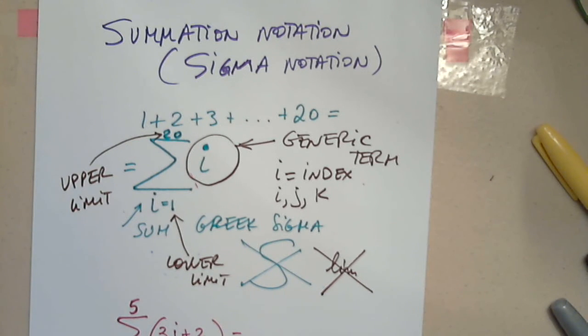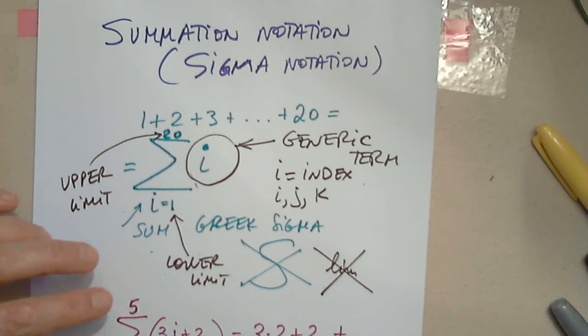So when I plug in 2, I get 3 times 2 plus 2, plus. I move on to the next one, which will be 3. So the summation says plus 3 times 3 plus 2, plus. When j is 4, 3 times 4 plus 2, plus finally I get to the upper limit, and I have 3 times 5 plus 2.